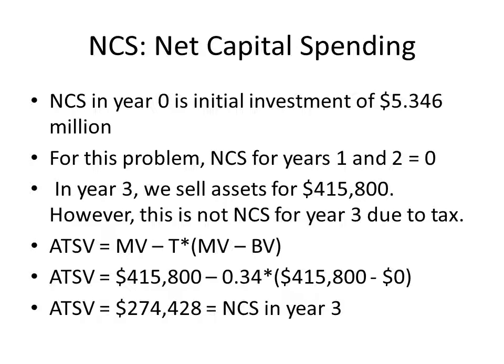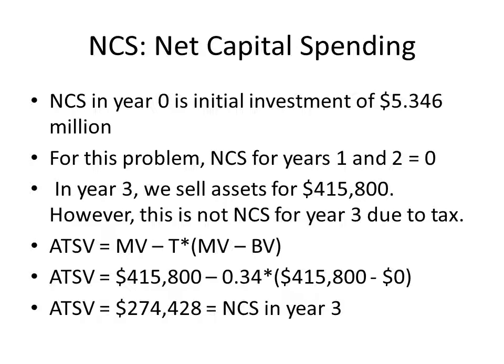And so we're selling this thing for $415,800 more than book value. That means that we have underpaid our taxes because we have over-depreciated the asset, which means we're going to owe some tax back. So we have to do something called after-tax salvage value, or ATSV.